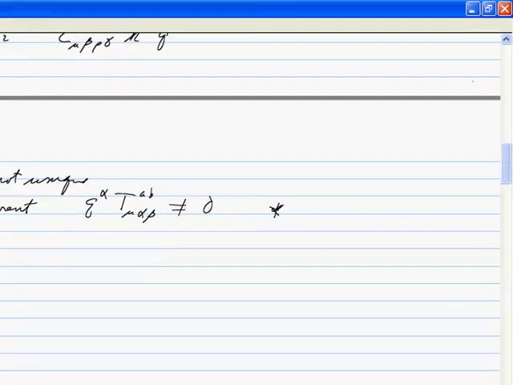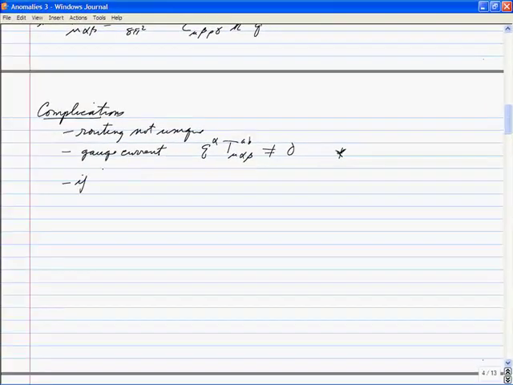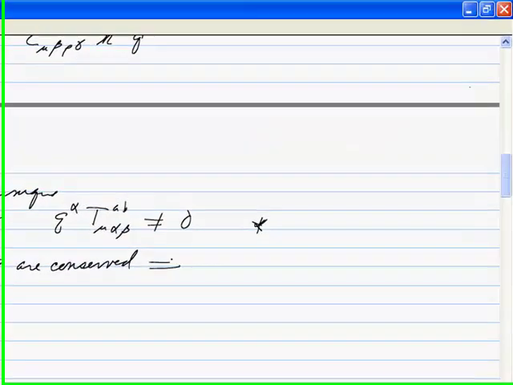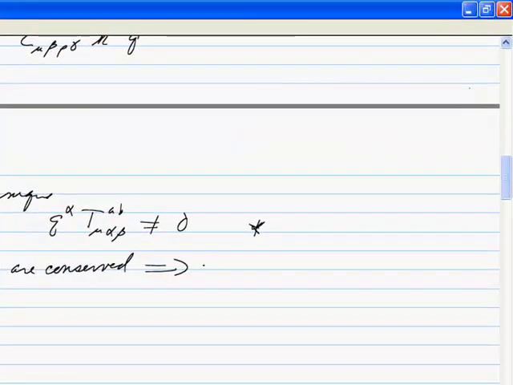The third thing is that if the gauge currents are conserved, then there's a unique answer for the last one. Okay, so there becomes then a unique answer for that.